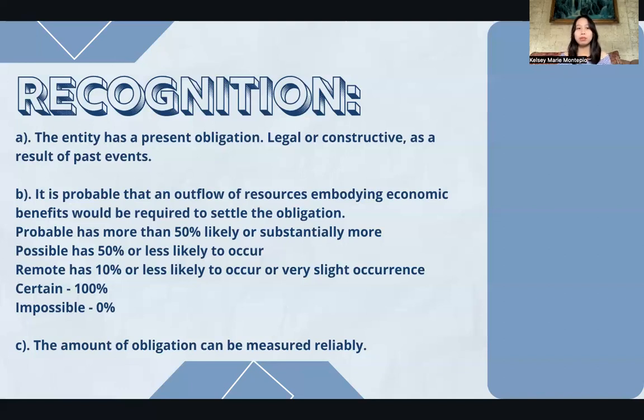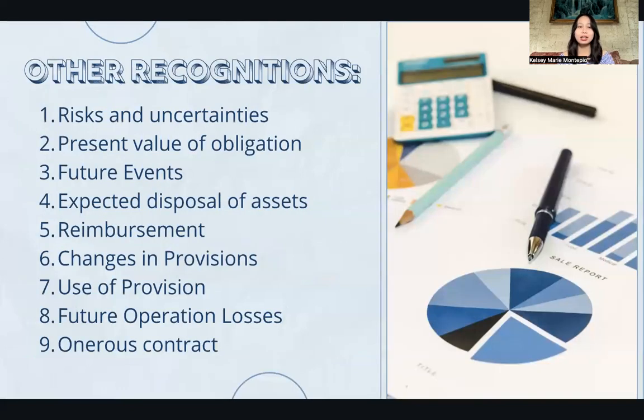So aside from these three recognition criteria, we also have these other nine, but the first three are the most important of all. So here we have the other recognitions. Number 1, risks and uncertainties. Number 2, present value of obligation. Number 3, future events.